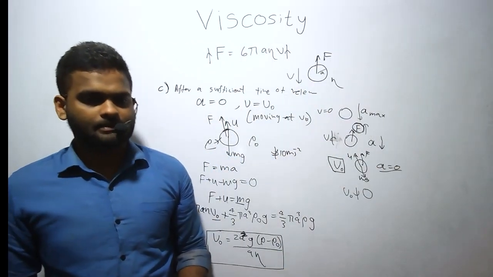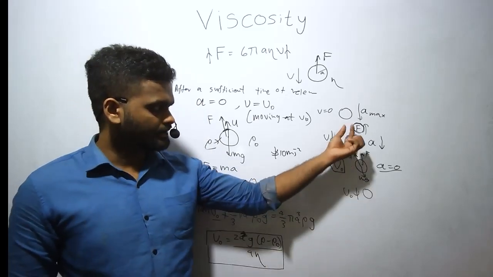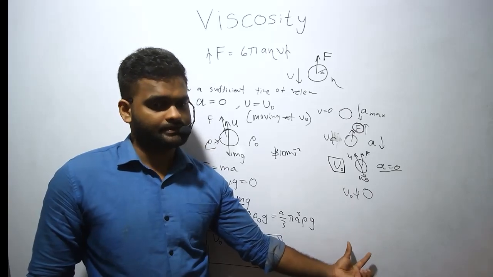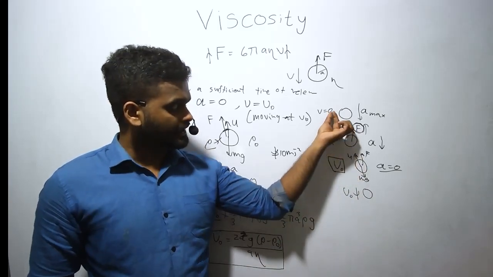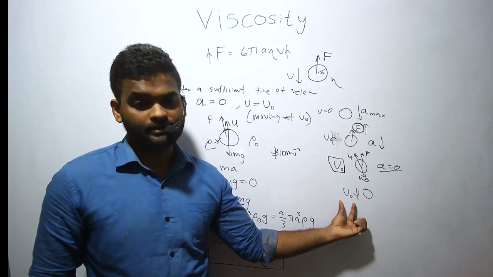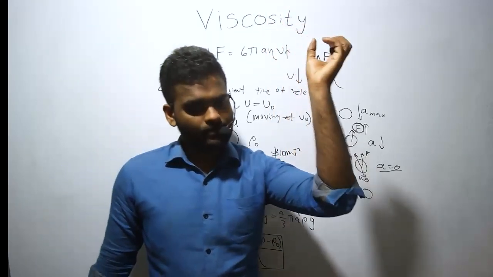Yes, maximum velocity, you can think that way as well. It gains maximum velocity. After that, velocity does not increase. Initially, the velocity is zero. After that, it reaches terminal velocity. Then it does not increase. So what happens to a raindrop?